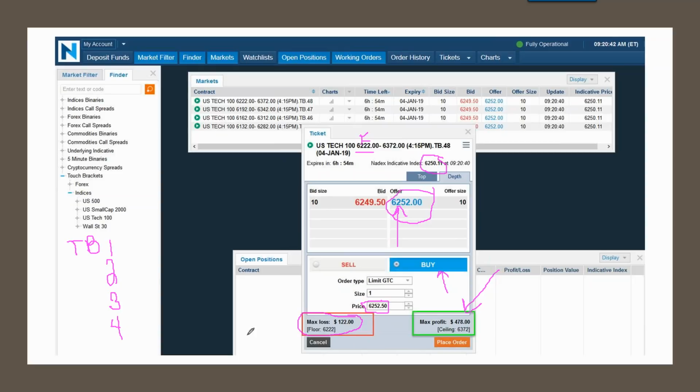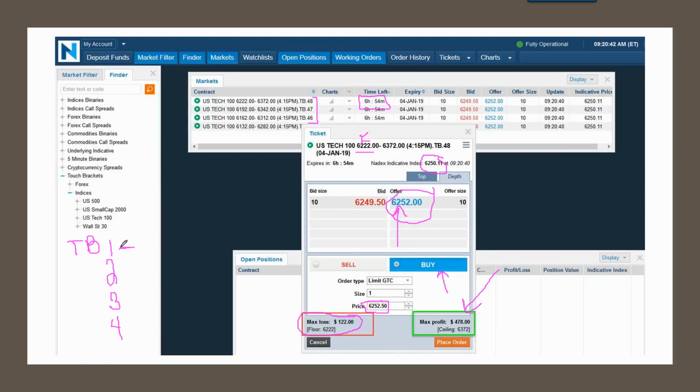They all start 1, 2, 3, 4. Now, I know that this is on Friday because it only has 6 hours and 54 minutes. So from Sunday until Friday, you now have 46, 47, 48.